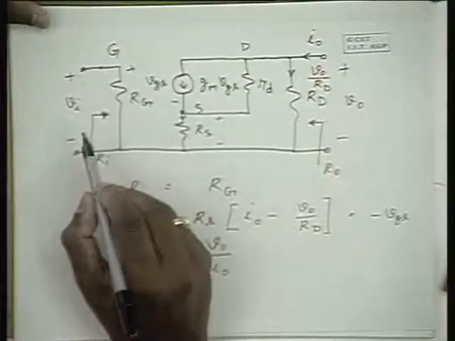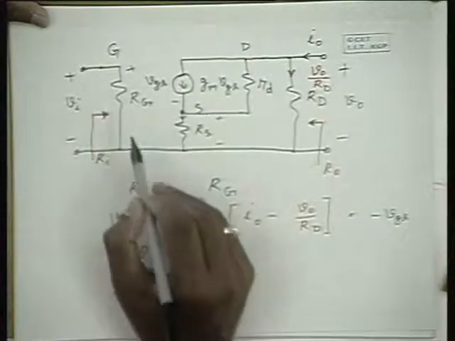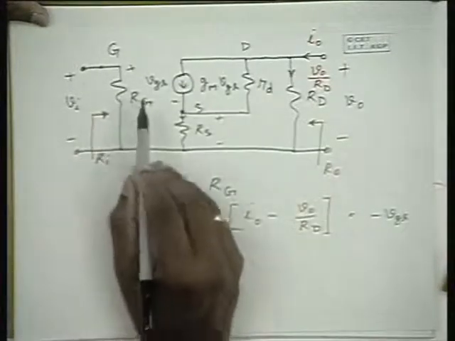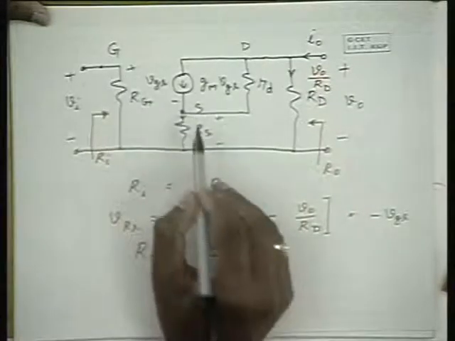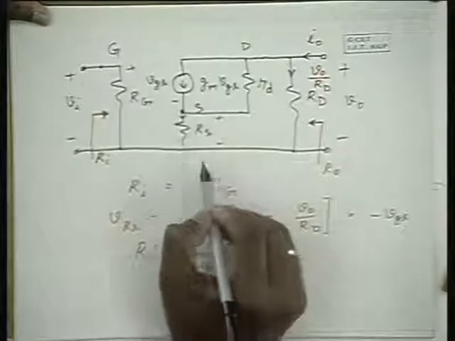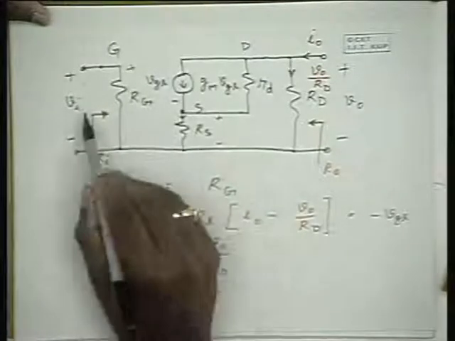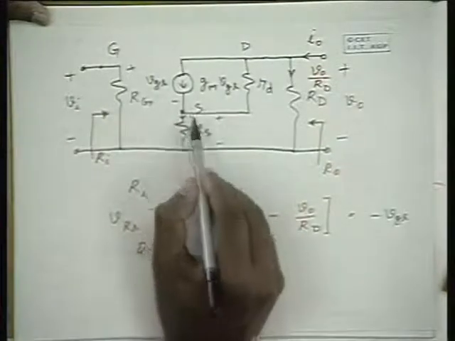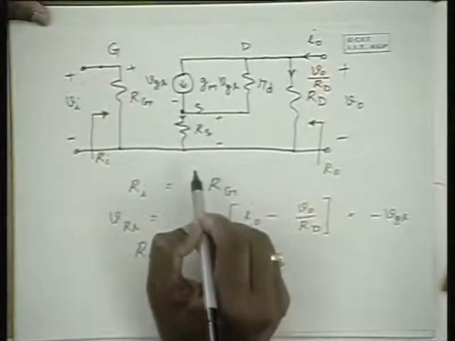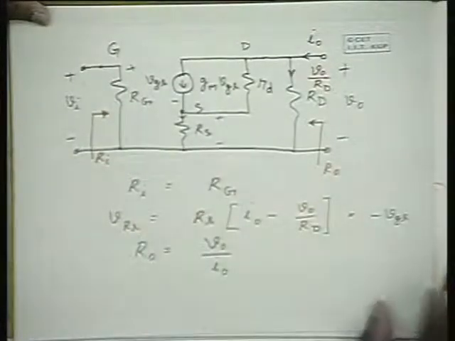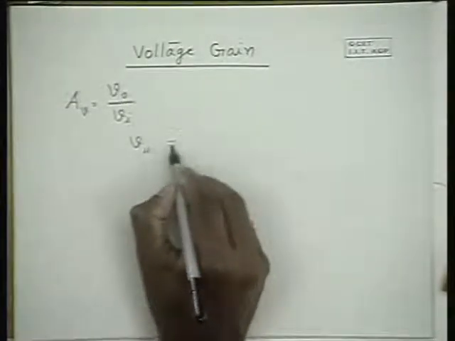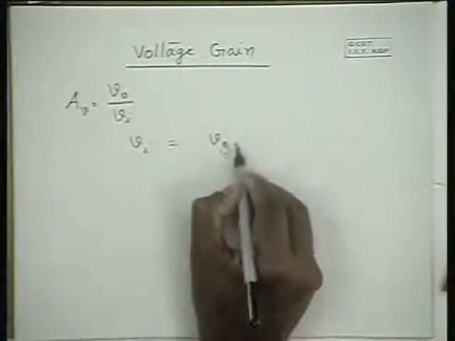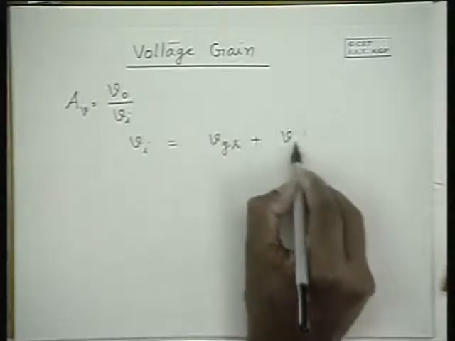When Vi is applied here, Vi gets divided between VGS, gate to source, and then source to ground. So Vi is equal to VGS plus VRS.